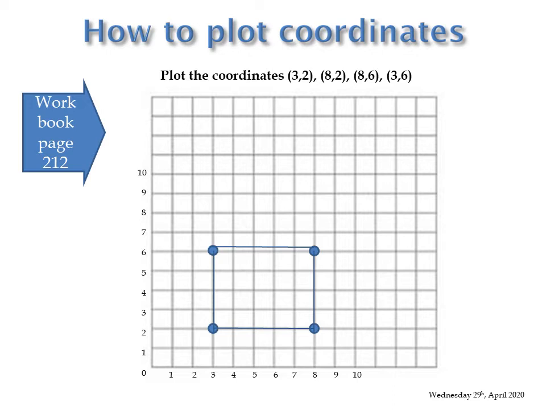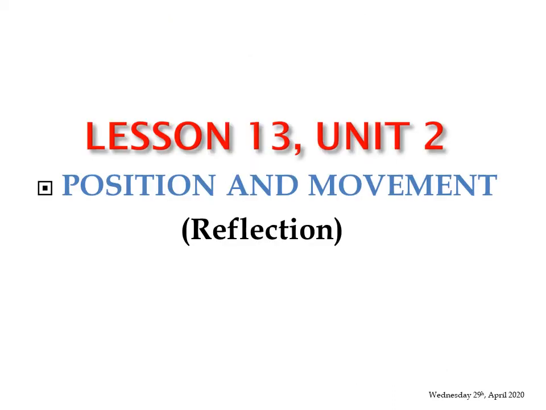It's a rectangle because if you count the boxes, the boxes on the horizontal side are 4. No, it's 5. And the boxes on the vertical side, there are 4 of them. So 5 and 4, it means it's a rectangle. A rectangle has all same sides. So these coordinates have produced for us a rectangle.